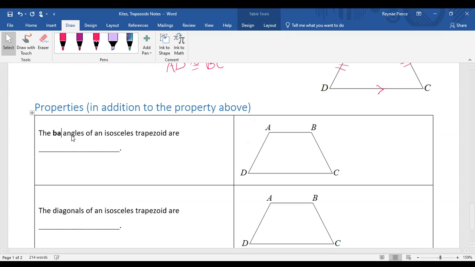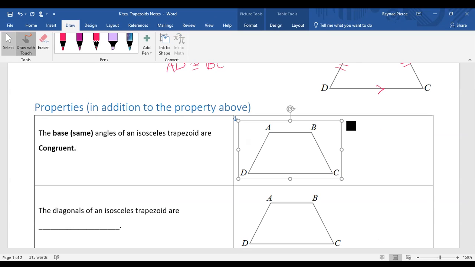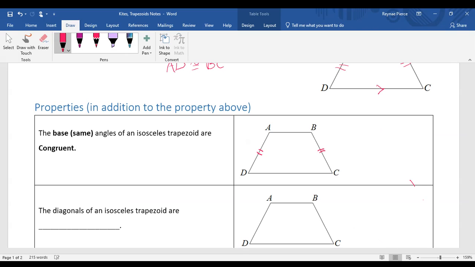Now the base angles, so the angles that are on the same base, are congruent. Again, let's draw here. We've got my legs congruent in this trapezoid.